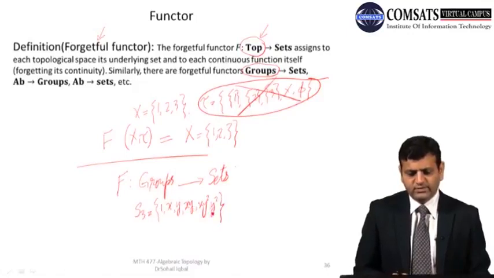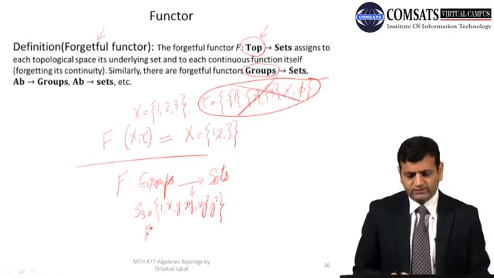So this is the group S3. Now we know that we can multiply these elements. There are also identity elements, there are also inverses of every element. We can also calculate the order of an element, and we can do the group operation with these elements.